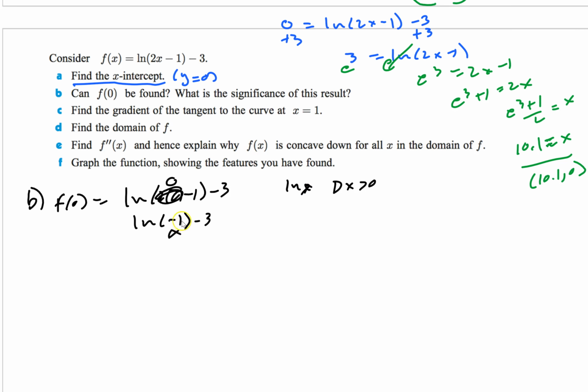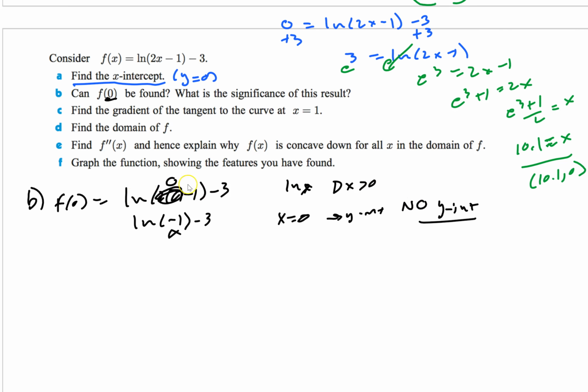So that's a negative. Natural logs don't do negatives, they don't do zeros. So no, you can't do it. What's the significance of the result? Well, you're plugging in 0. Kind of just talked about that. If you're plugging in 0, that means that's the y-intercept. When you plug in 0 for y, it's the x-intercept. When you plug in 0 for x, it's the y-intercept. So in this case, we have no y-intercept. That's the significance of the result.